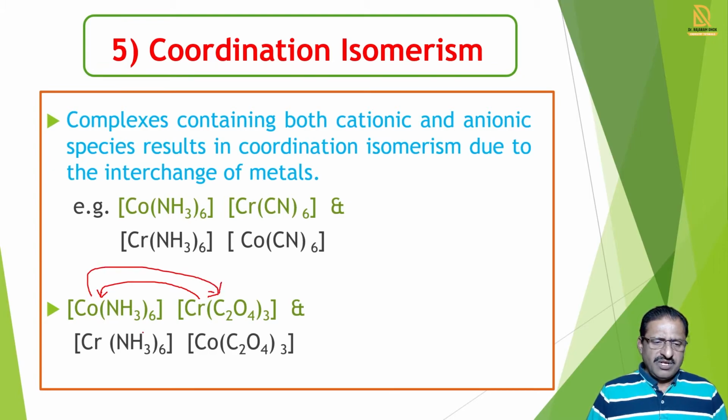Then what happened? Here we get [Cr(NH3)6][Co(C2O4)3]. So in this case also we can change the metal from one complex ion to the other, or we can change the ligand from one complex ion to the other. So that is called coordination isomerism.